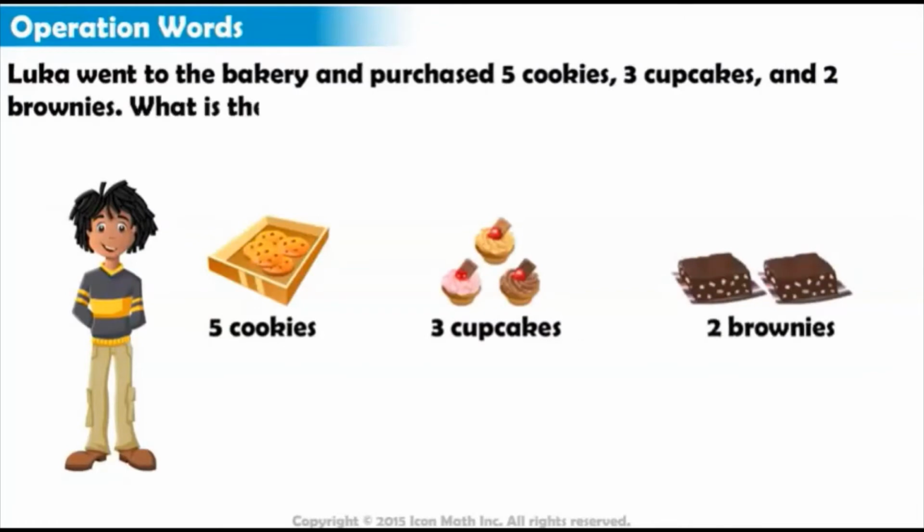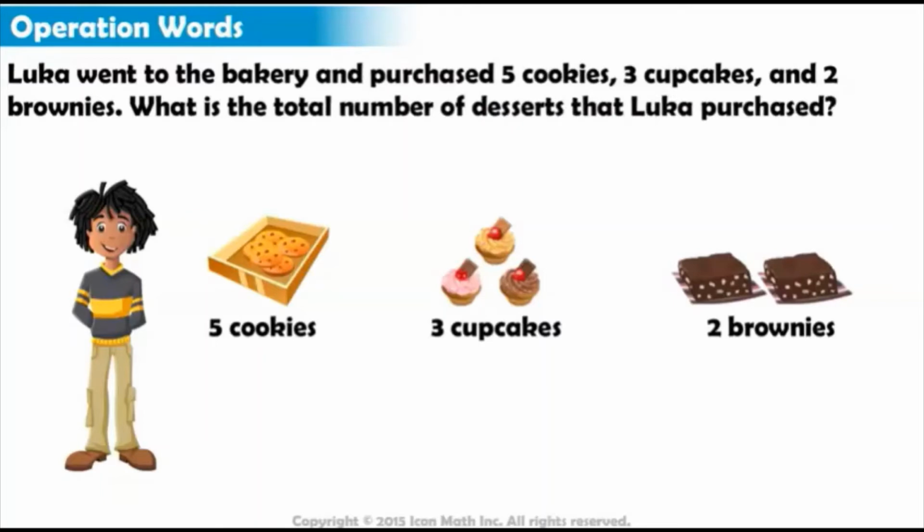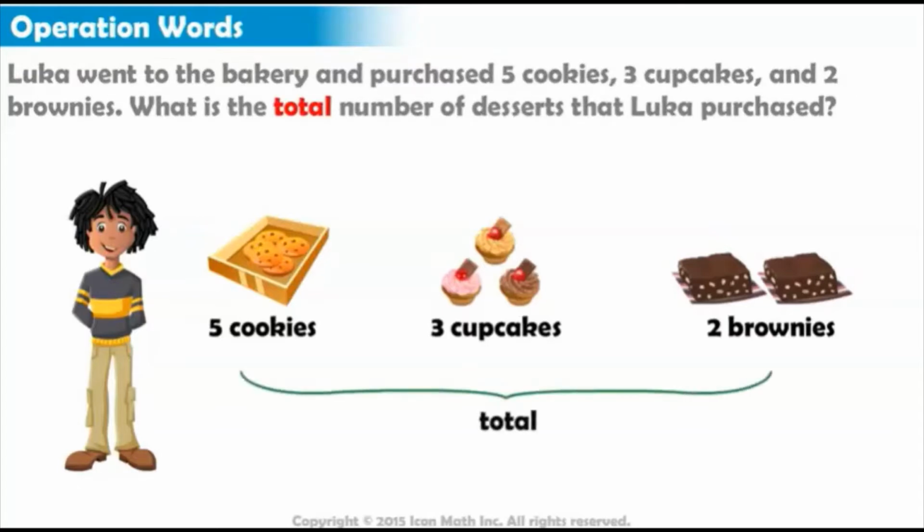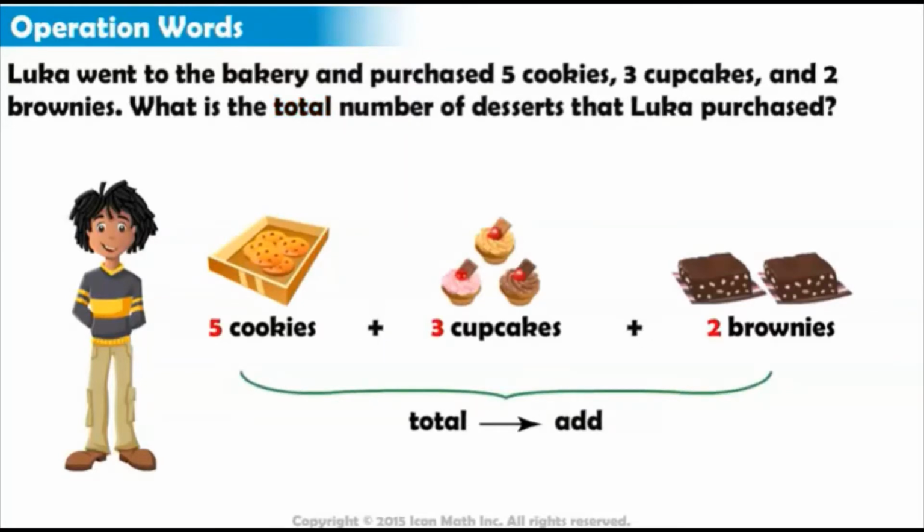What is the total number of desserts that Luca purchased? Did you spot the clue? The word total lets us know that we are looking for the combined number of desserts. So we need to add together the number of cookies, cupcakes, and brownies. The total is 10 desserts.